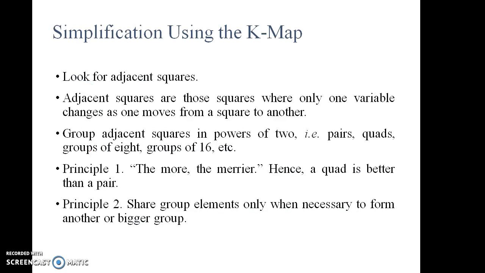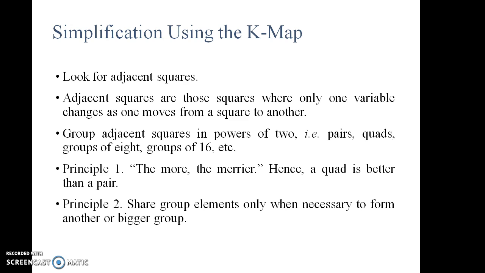Next one, simplification using the kmap. Look for the adjacent squares. Adjacent squares are those squares where only one variable changes as one moves from one square to another.